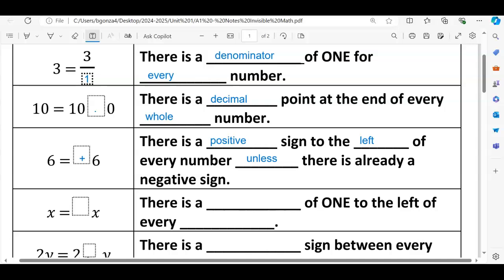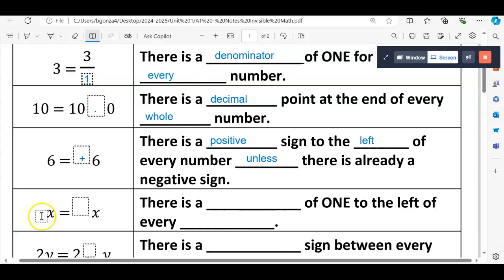Now, there is a 1 to the left of every variable. Now, check it out. In front of a variable, the letter x, do y'all know what you call a number in front of x? There's a name for it. Starts with a C. Coefficient, right?